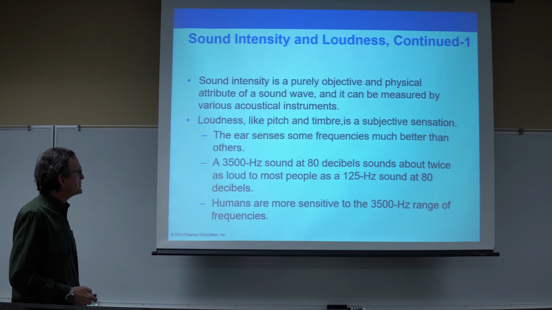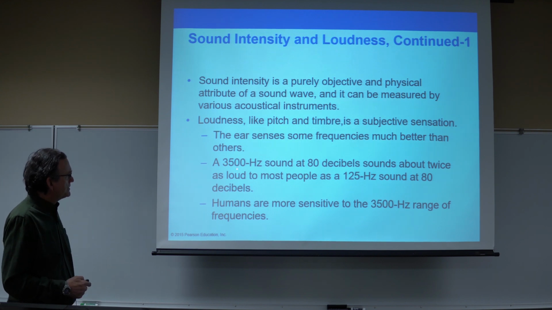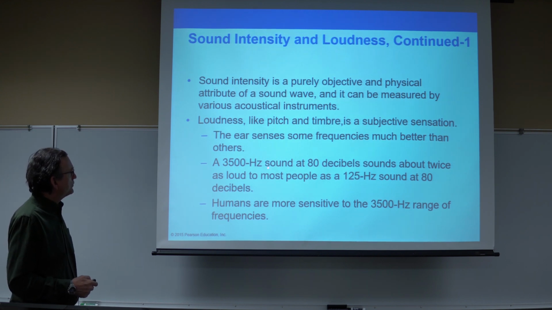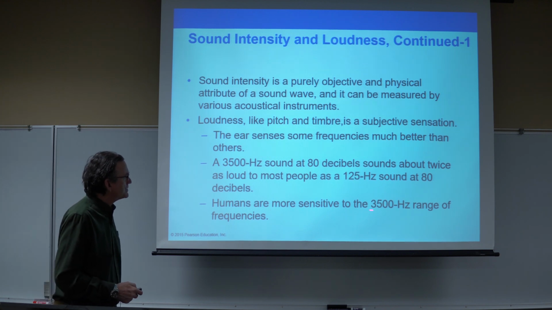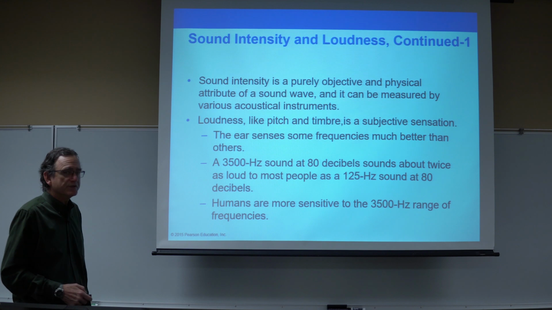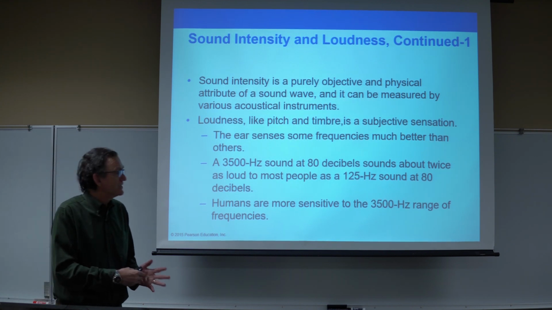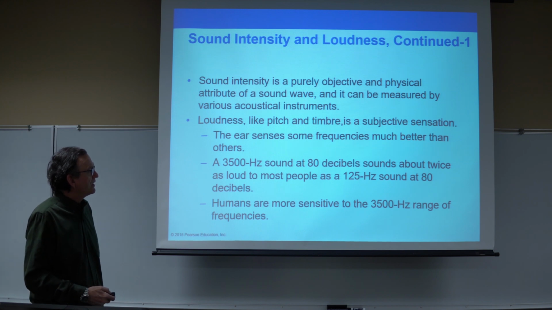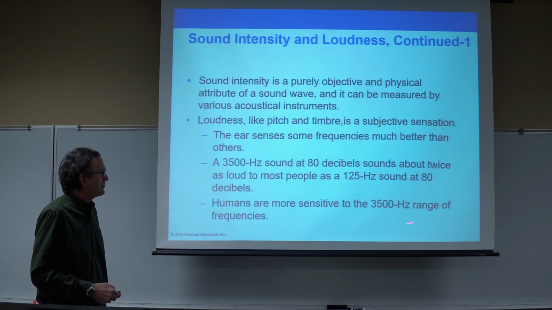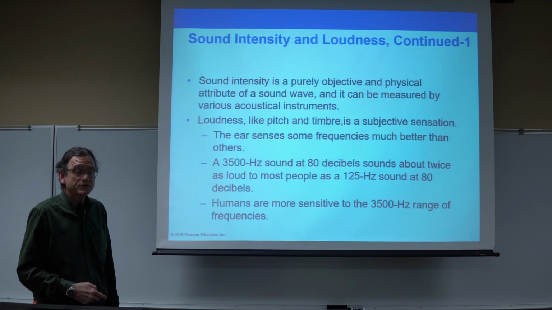It's only our ear sensitivity, which is much better at 3500 hertz than it is at 125. Humans are most sensitive to this particular frequency, even though we can detect signals as low as 20 or 30 hertz and up to 10 or 20,000 hertz. This seems to be the number that our ear is most sensitive to.